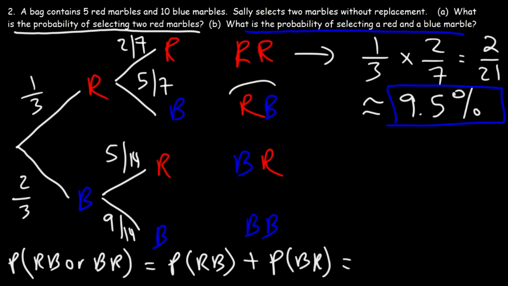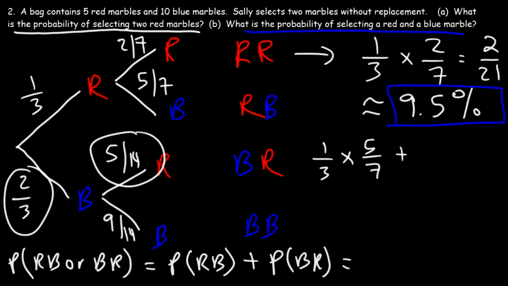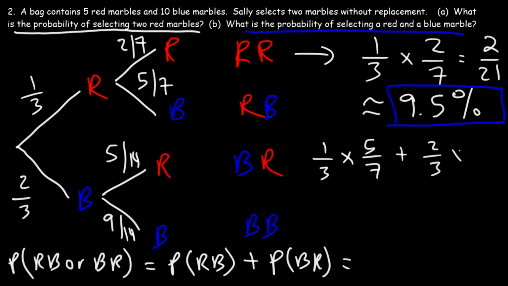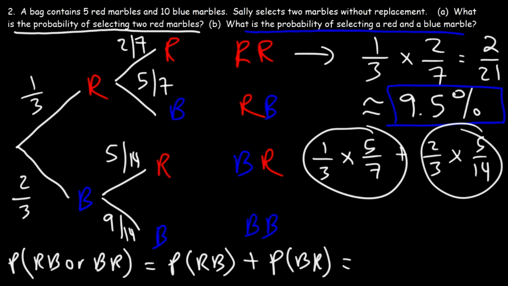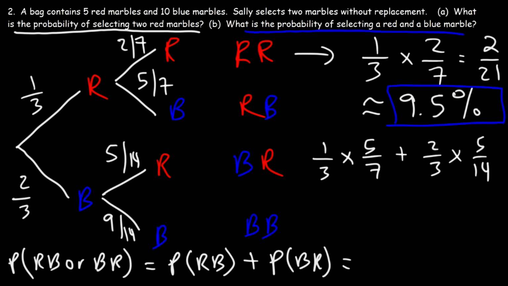So let's start with this one. This is going to be 1/3 times 5/7. And then for this one, it's going to be 2/3 times 5/14. So this is the probability of getting RB, and this represents the probability of getting BR.